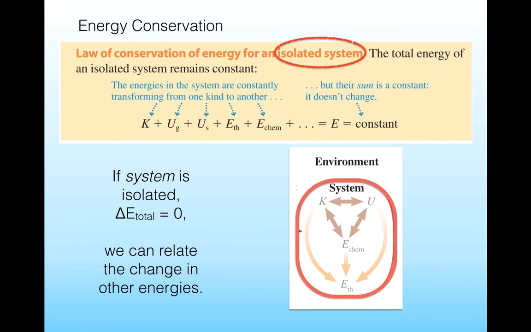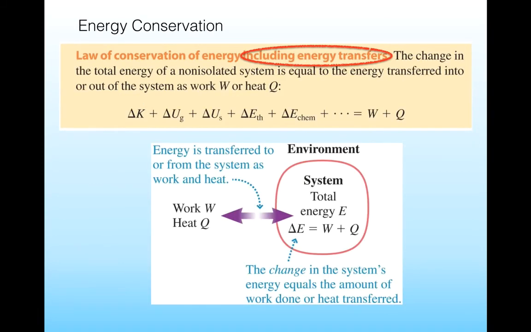On the other hand, if you have a system that is interacting with its environment, there's still a law of conservation of energy, but you now have to include energy transfers. This is the change of total energy for the non-isolated system. It's equal to the energy transferred into or out of the system as work or as heat.